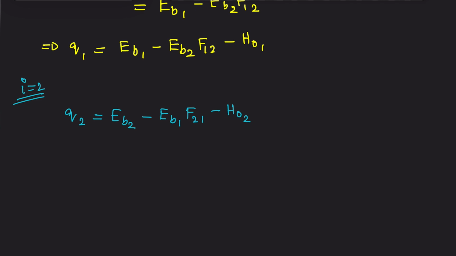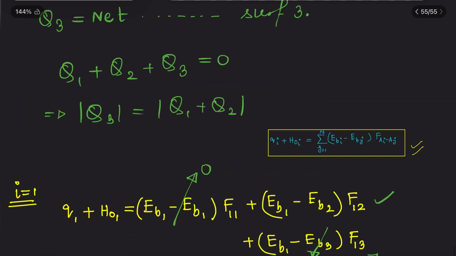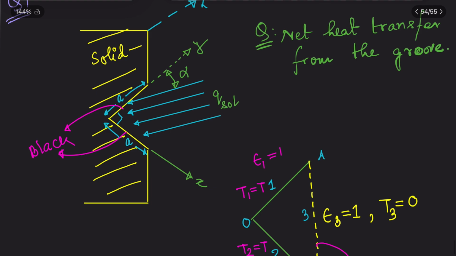Now let us first see what will be the value of HO1 and HO2. See here, this irradiation from outside is coming like this. I have already told you that heat flux is like a vector, there is a vector called heat flux vector. So if I have to find the net heat transfer through this surface, I have to do the integral of heat flux dot n dA over the surface area.